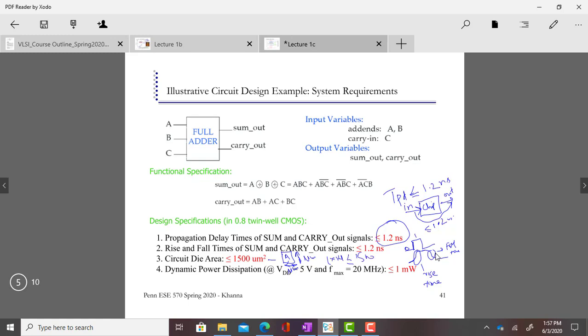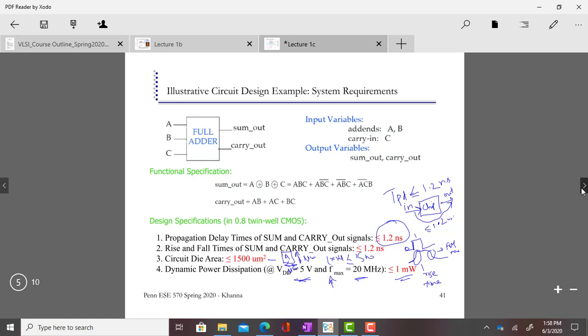The other requirement from the user is that the power dissipation at 5 volt VDD and a maximum frequency of 20 megahertz should be less than 1 milliwatt. So these are all the design requirements.